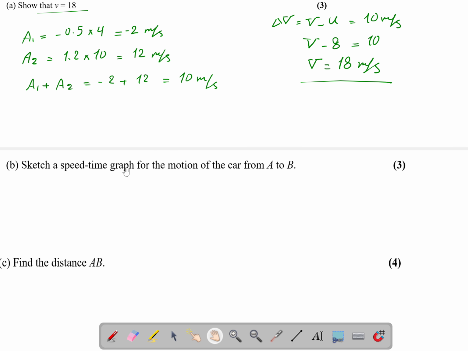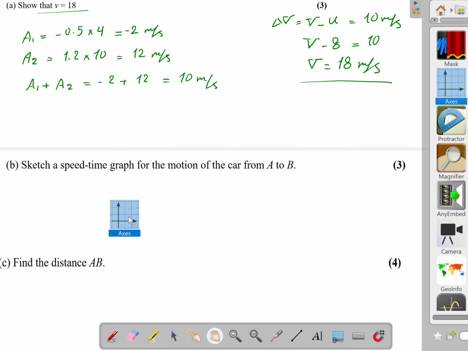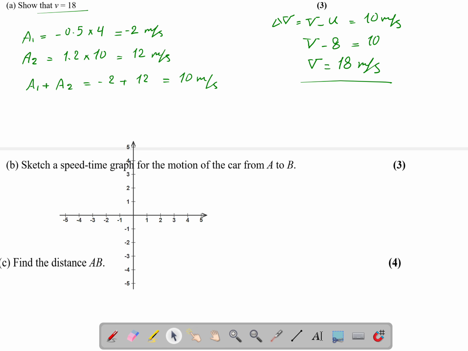Sketch a speed time graph for the motion of the car from A to B. Okay, let's draw it. Okay, let's see what we have here.